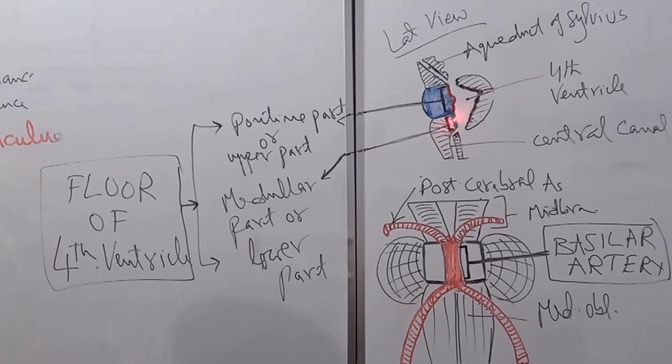Therefore, it is known as the medullary part. So above is the pontine part and below is the medullary part of the floor of the fourth ventricle. And you can see this tent shape, this is the roof of the fourth ventricle, and this is the cavity of the fourth ventricle.